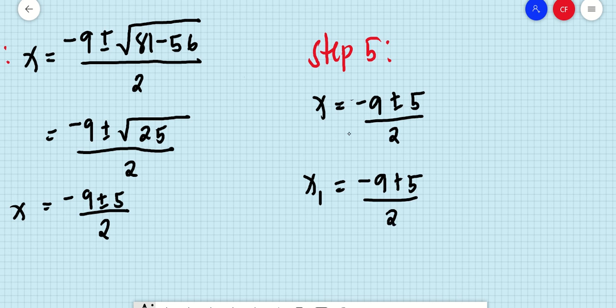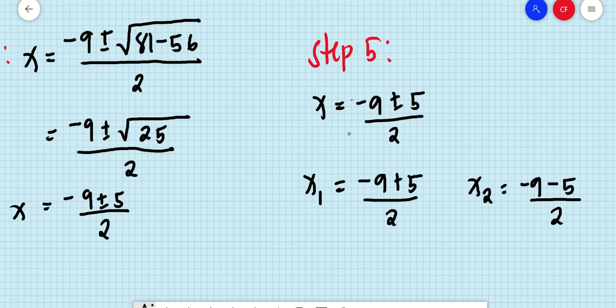And for x sub 2, we use negative 9 and then negative 5 all over 2. Okay, ganun lang lagi. Sa x sub 1, gamitin natin kung ano yung number na meron tayo dito and then kung ano yung number na meron tayo dito. Though, dito dalawang number meron, di ba? Positive, negative. So, unahin na lang natin gamitin yung positive. And then sa x sub 2, gamitin naman natin yung negative.